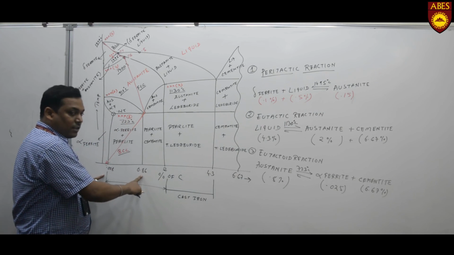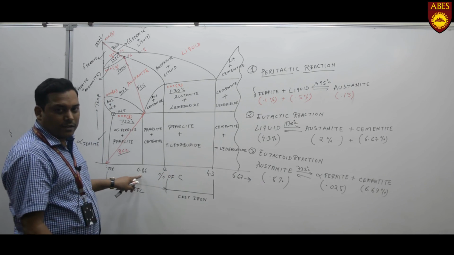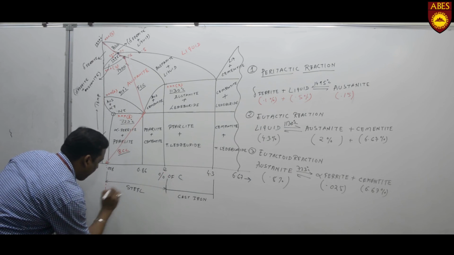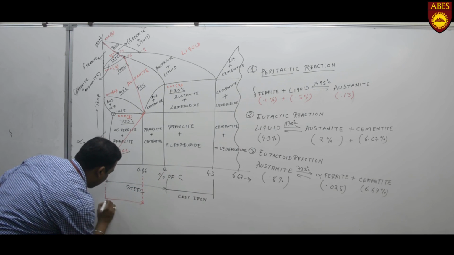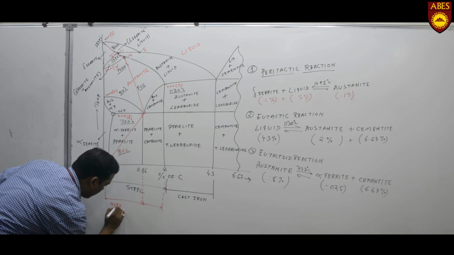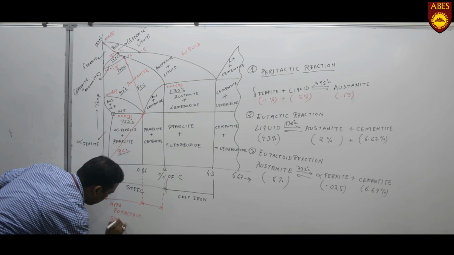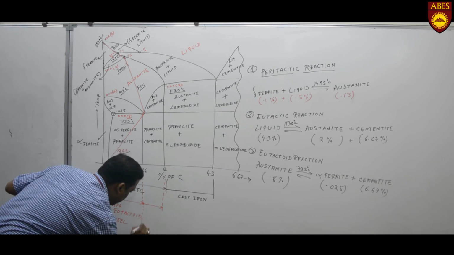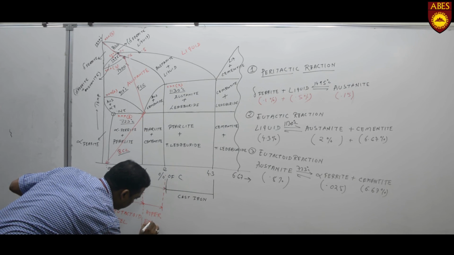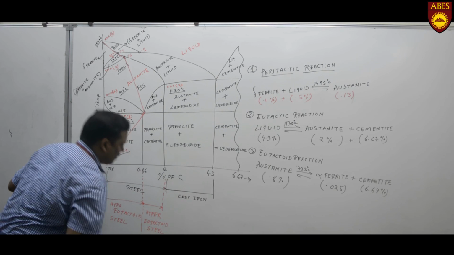From this segment it is called hypoeutectoid steel, and from 0.8 to 2% it is called hypereutectoid steel.